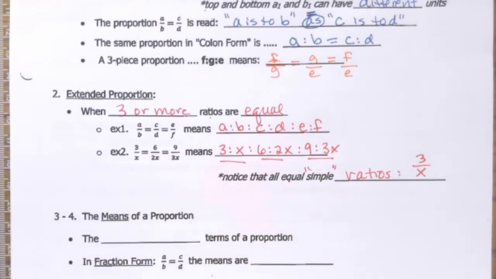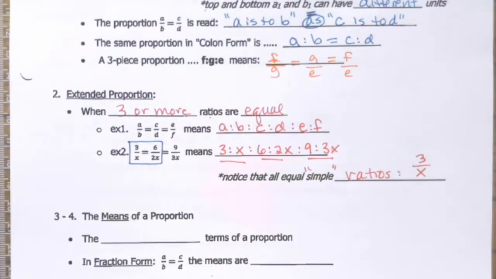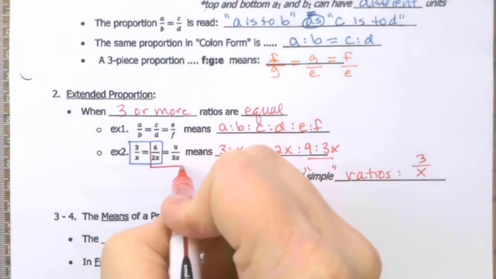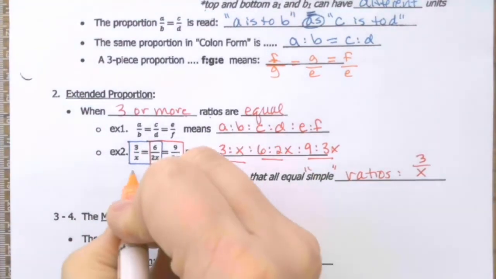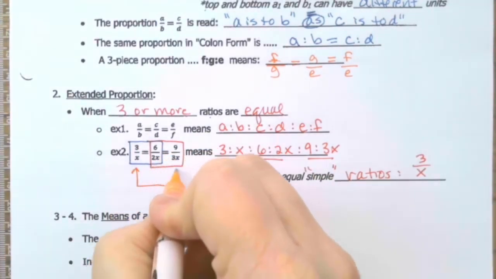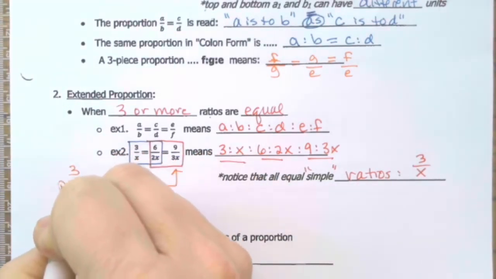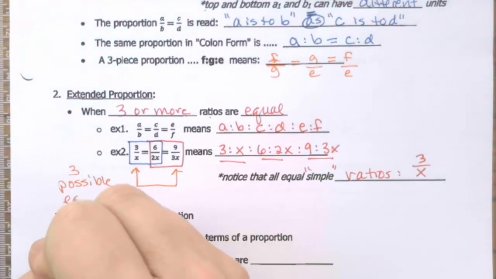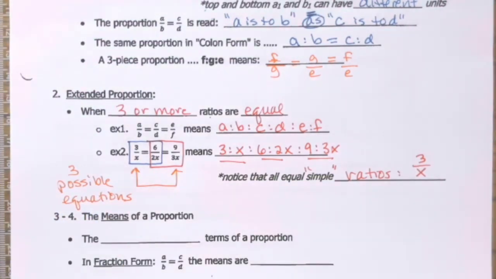If you need this to solve, you can solve the first two as an equation, you can solve the second two as an equation, or you can solve the first one and the third one as an equation. So there are 3 possible equations that you can use to solve when given an extended proportion.